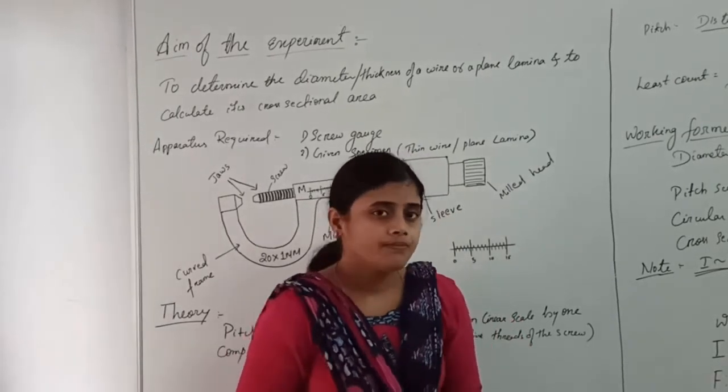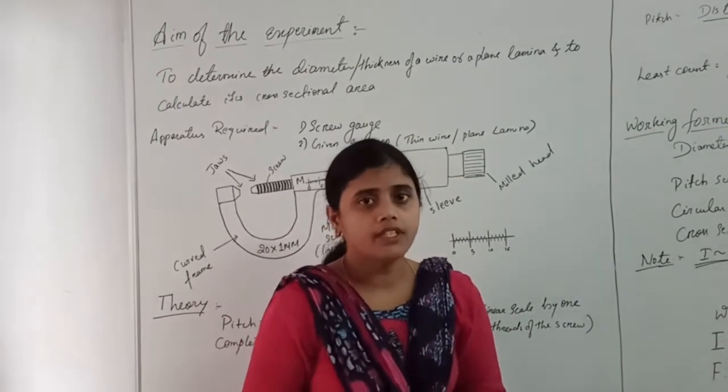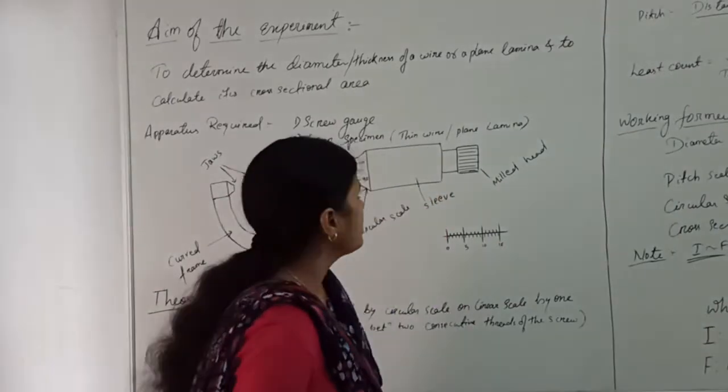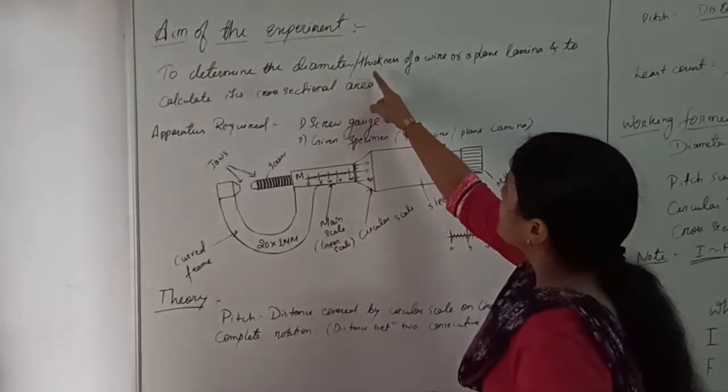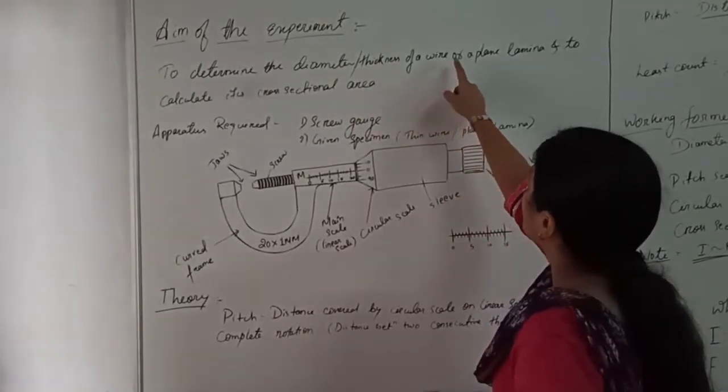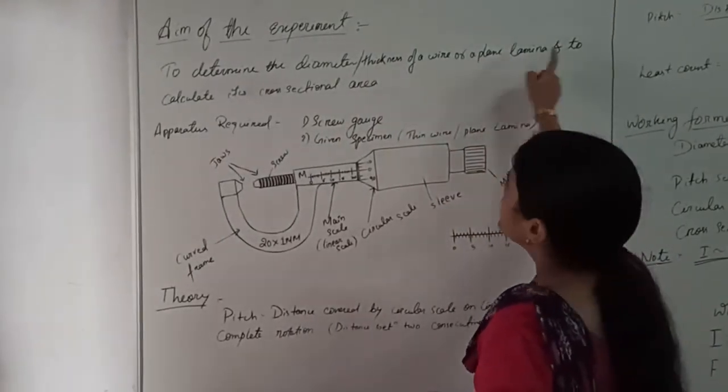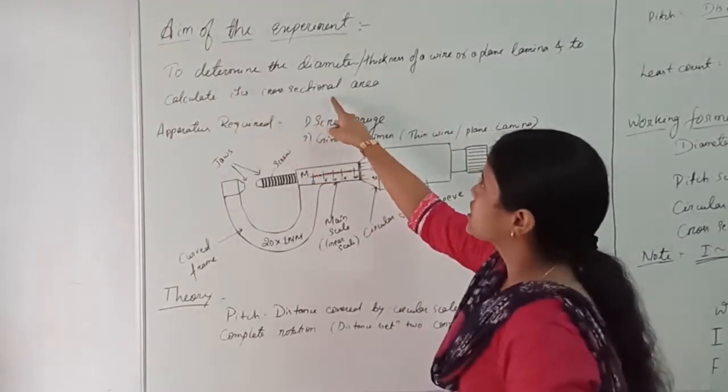Every experiment starts with the aim. Here the aim is to determine the diameter or thickness of a wire or a plain lamina and to calculate its cross-sectional area.